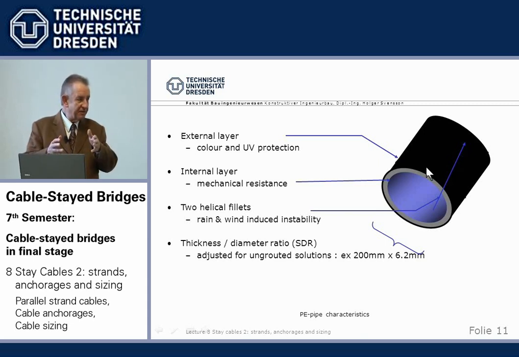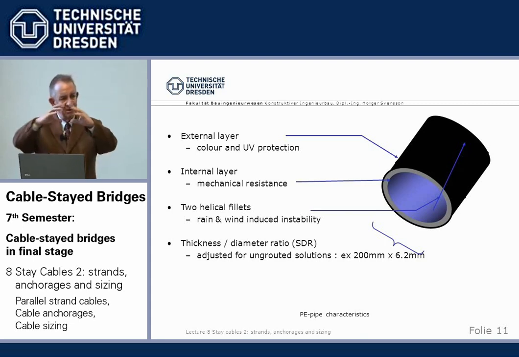The space between the monostrands and the PE pipe is not filled with grout. It's not necessary. The monostrands themselves are sufficiently corrosion resistant, and it's more a mechanical and aesthetic surrounding, the PE pipe.